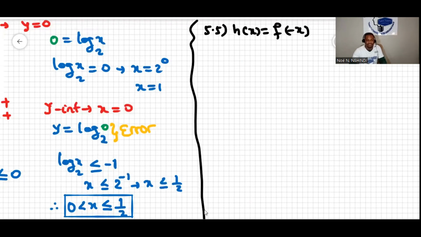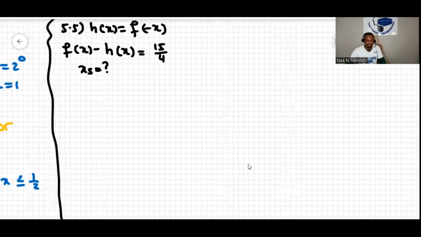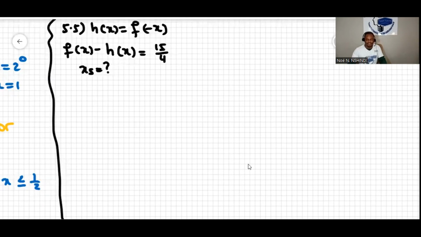And also, the question says that f of x minus h of x will be equal to 15/4. So now we're looking for the value or values of x, given the information above. Now let me move this for space.